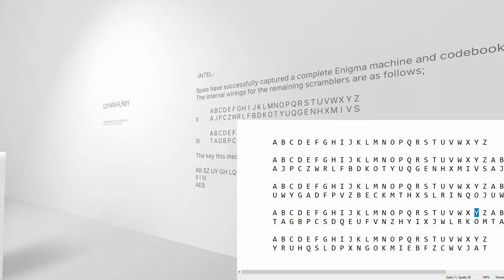A, B, S, Z, U, I, G, H, L, Q, E, N. I don't know what that means, really. And then A, E, B, the 3, unless that's the notches, I really don't know what it means.